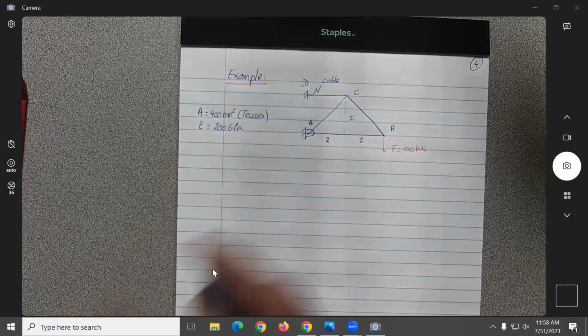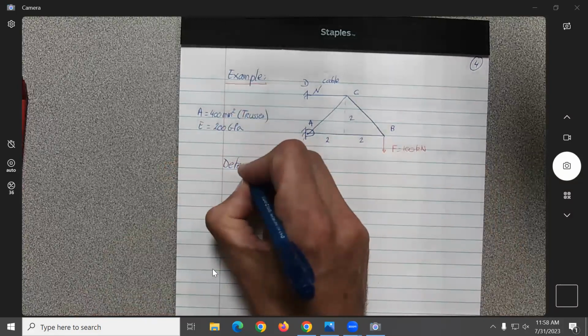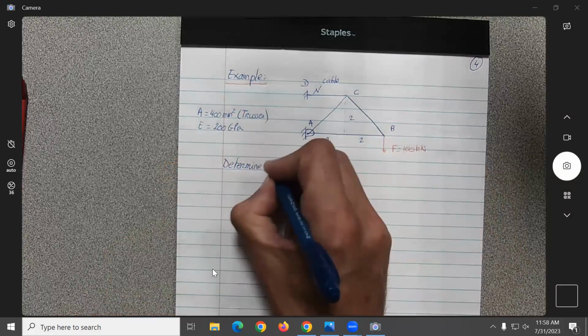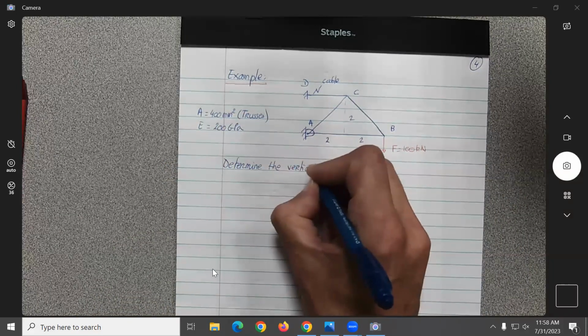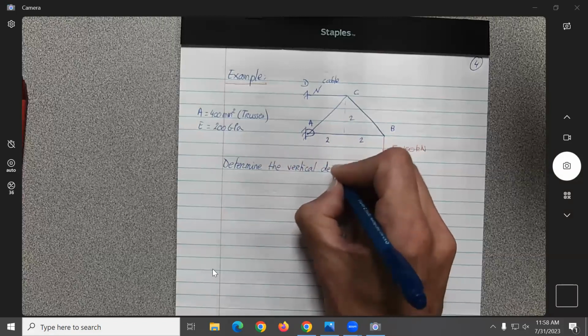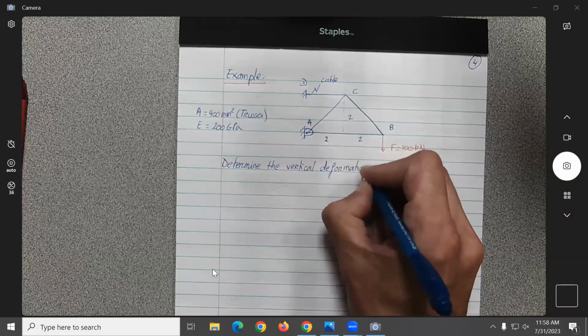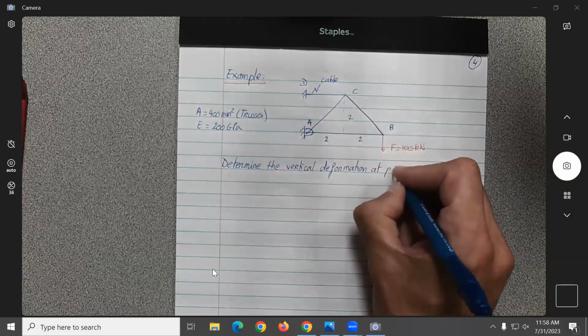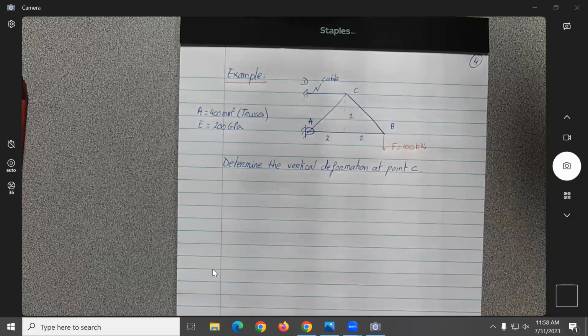Okay, the question here is to determine the vertical deformation at point C. So here comes the problem.